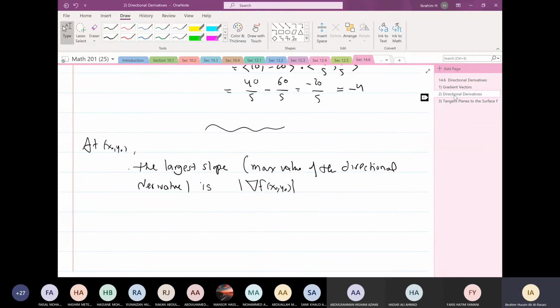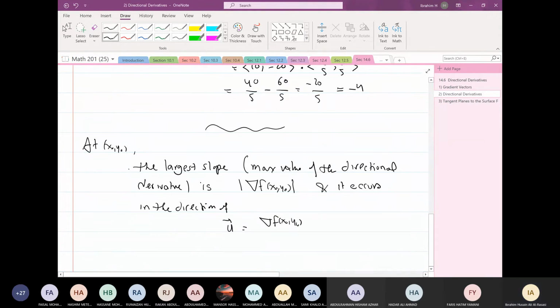So here, it occurs in the direction of the vector u, which is in fact the direction of the gradient. In the direction of the gradient. But I need the direction to be a unit vector, so I have to divide it by the magnitude just to make it a unit vector. Okay.